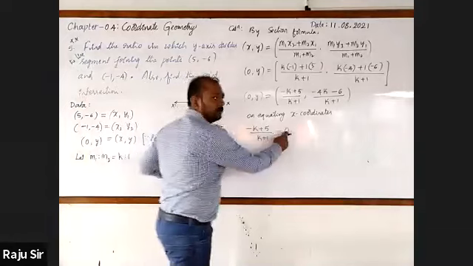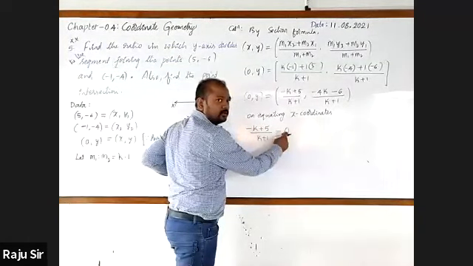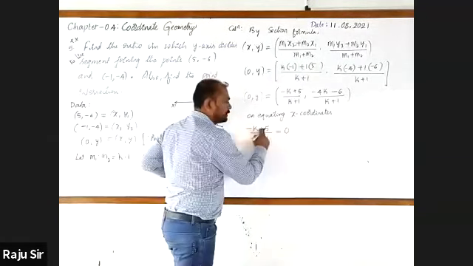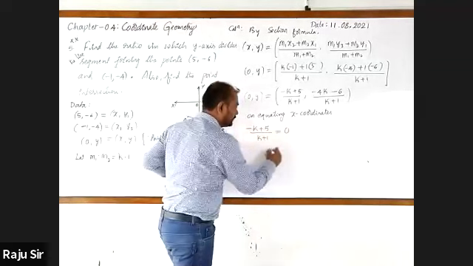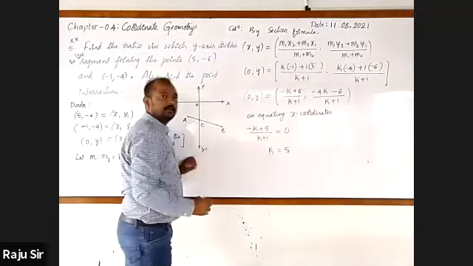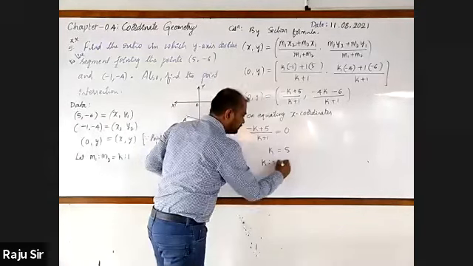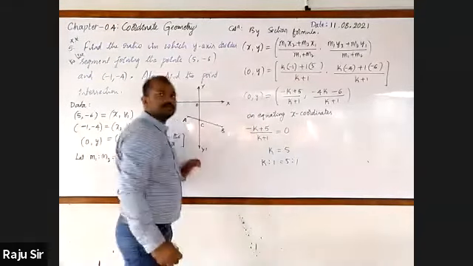On cross multiplying, RHS will be 0. Then -K plus 5 equals 0. What is K? K is 5. Then K is to 1 is 5 is to 1.